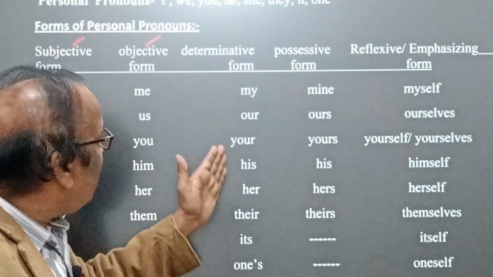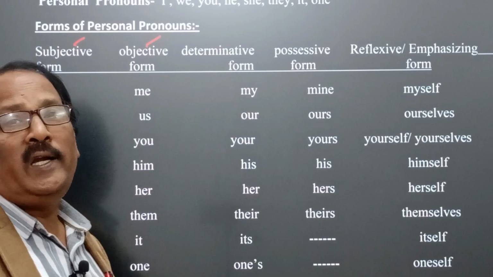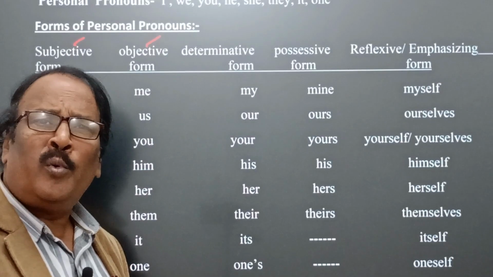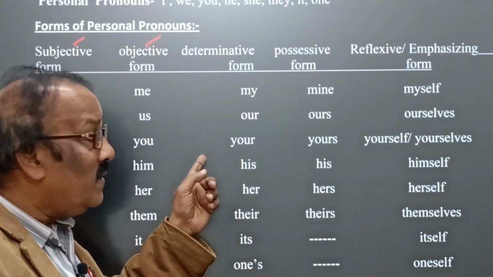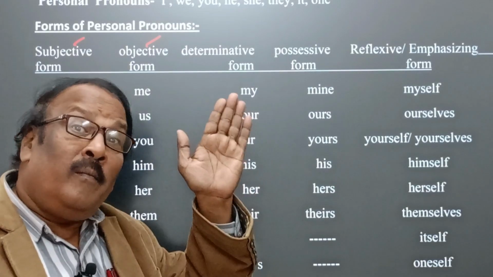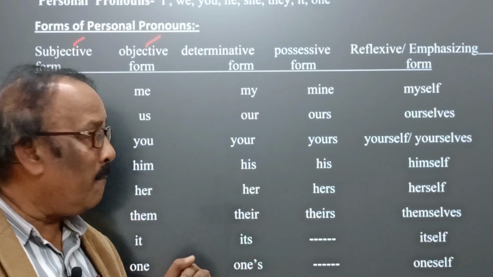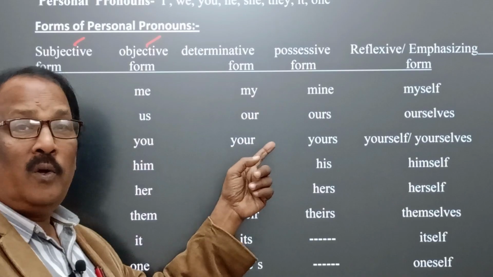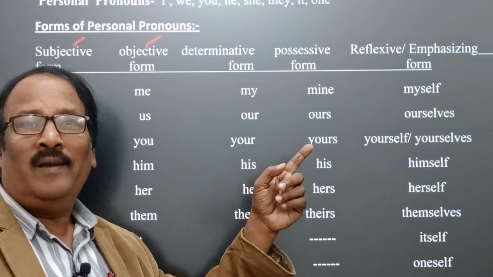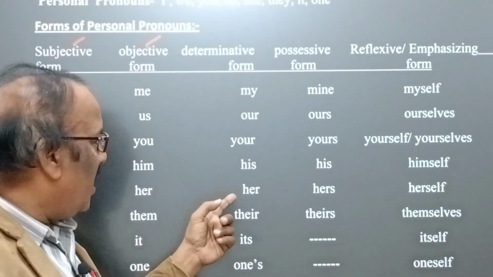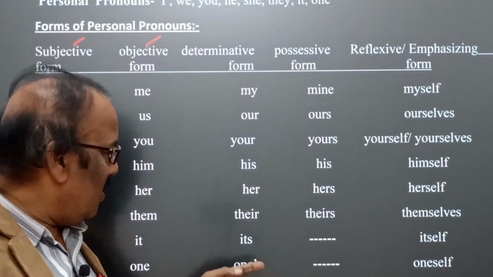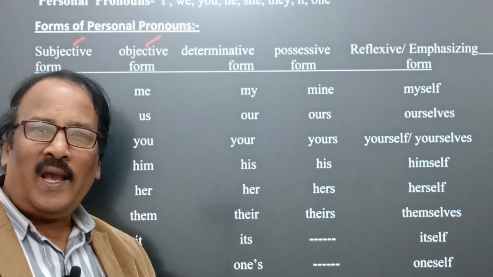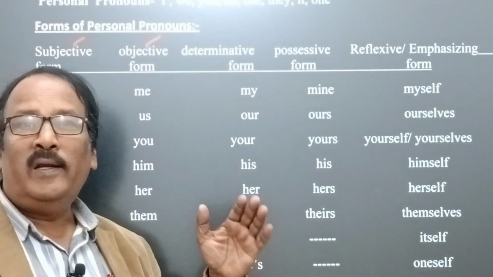These are the examples of determinative form or adjective form of personal pronoun, because they take a noun just after them. For example, my garden, our school, your brother, his notebook, her car, their house, its legs, one's duty.